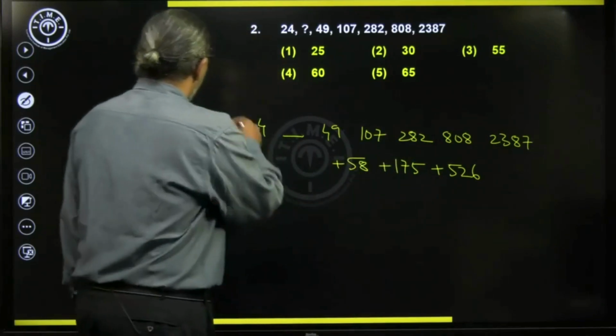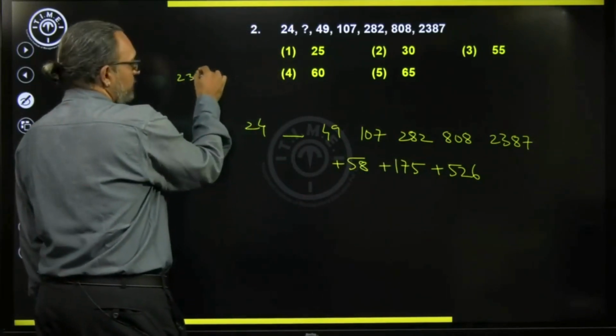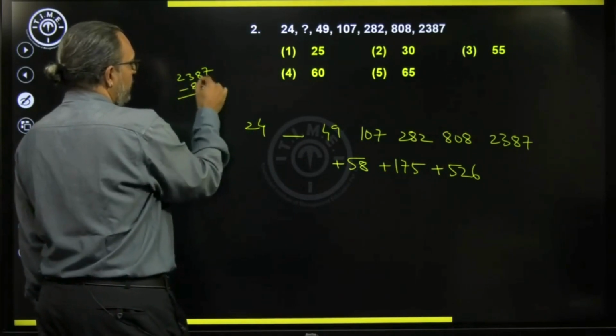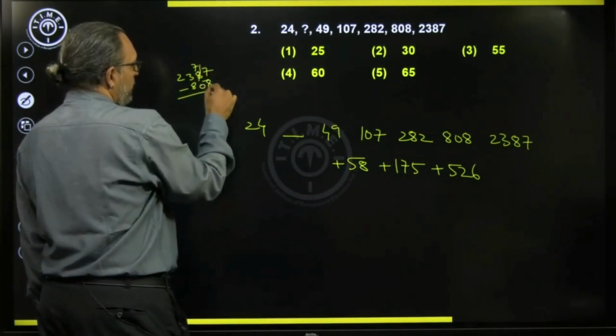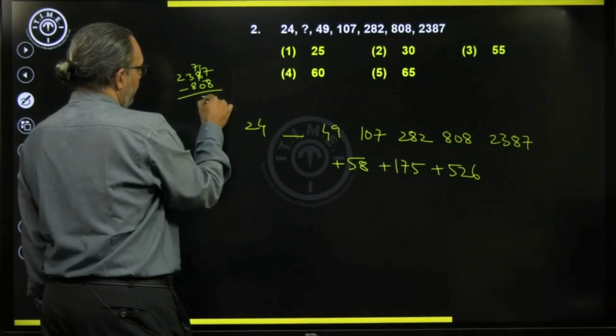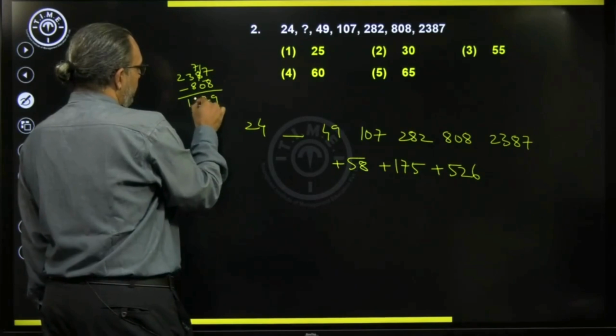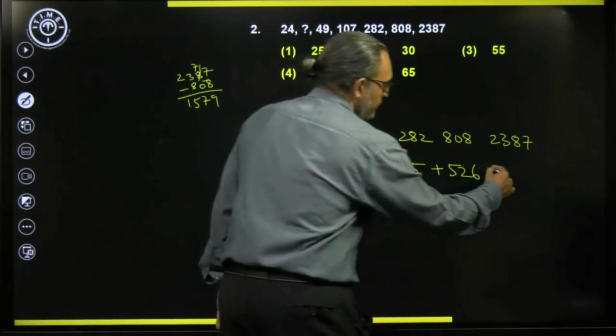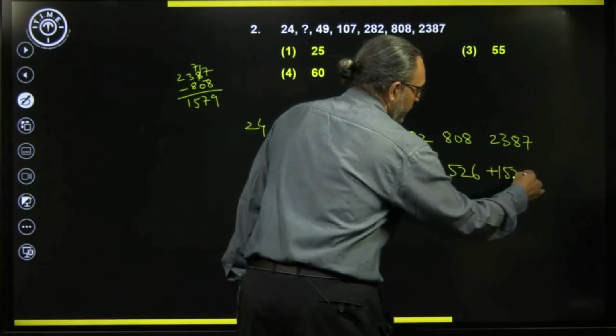And here we have 2387 and 808. So if I take a subtraction, here we are going to get 1579.